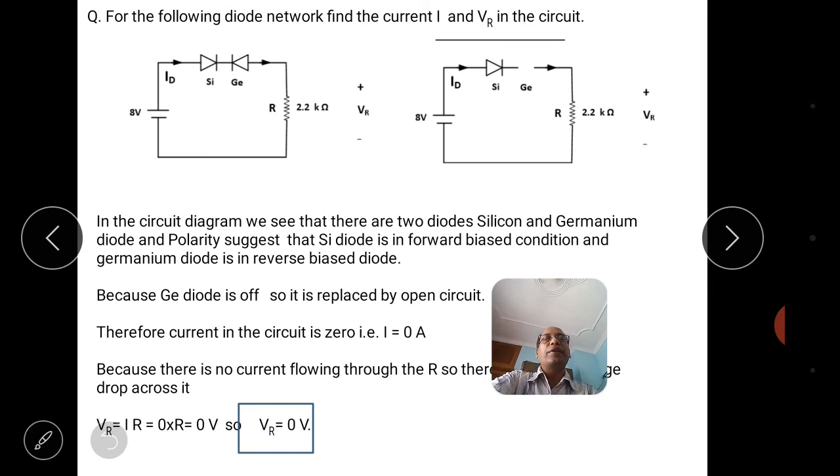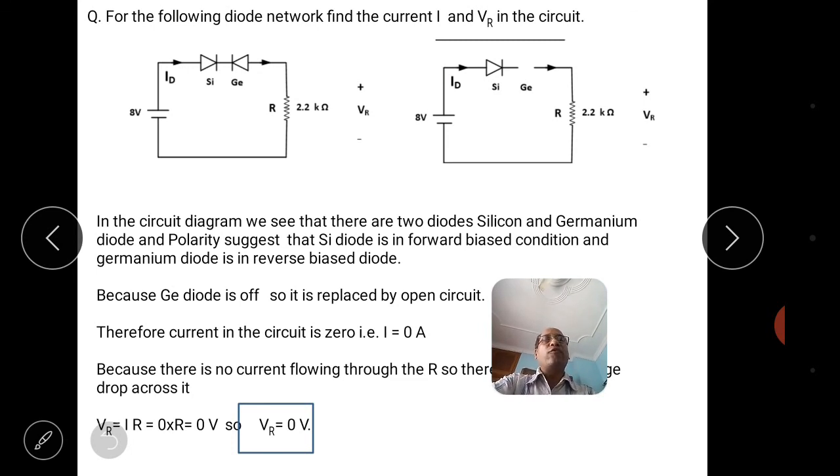Because the germanium diode is off, it is replaced by an open circuit as seen in the diagram. Therefore current in the circuit is 0, that is I will be equal to 0 ampere, because the germanium diode is not in conducting position. It will not allow any current to pass through.